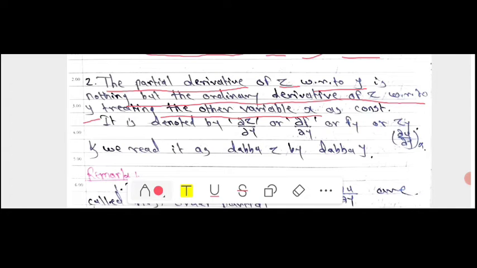We denote it by ∂z/∂y, or ∂f/∂y, or f_y, or z_y, or ∂u/∂y. These are the different notations to denote the partial derivative, and we read it as del z by del y. So the partial derivative is to be found.